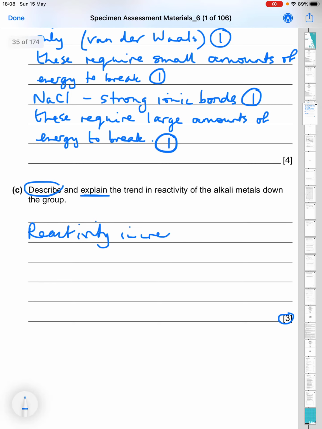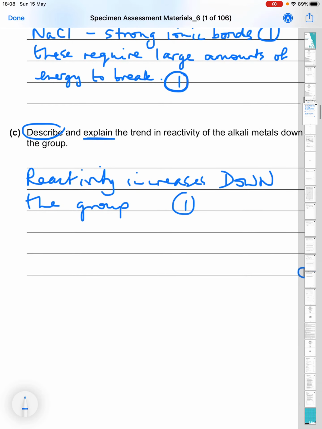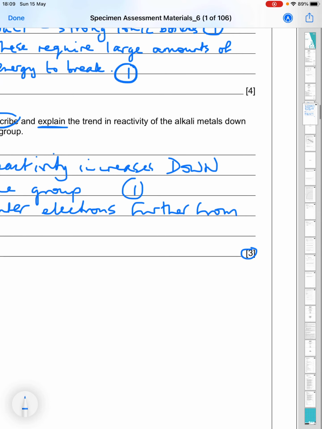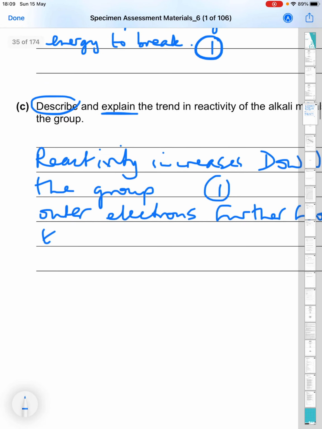Reactivity increases down the group. So that's 1 mark there. And the reason for that is, of course, that the outer electrons are further from the nucleus.